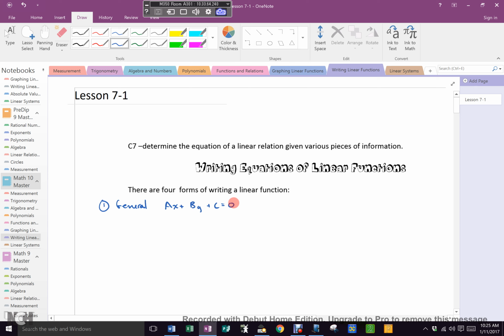Now, what do we know about this form? A cannot be what? Cannot be negative. A and B cannot be fractions, which also automatically includes decimals.